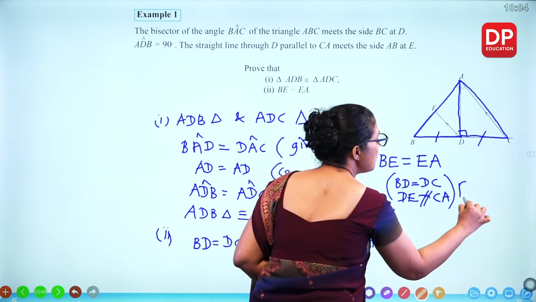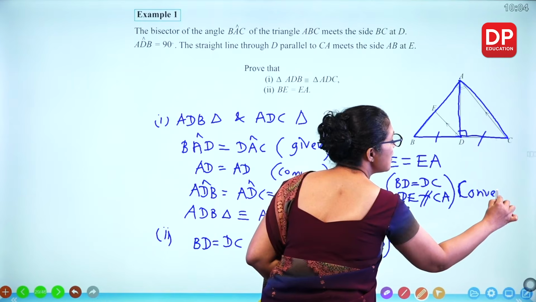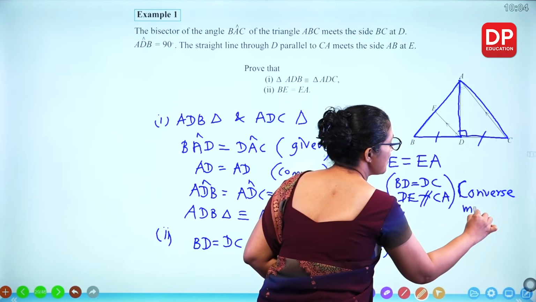Now we can write converse midpoint theorem.